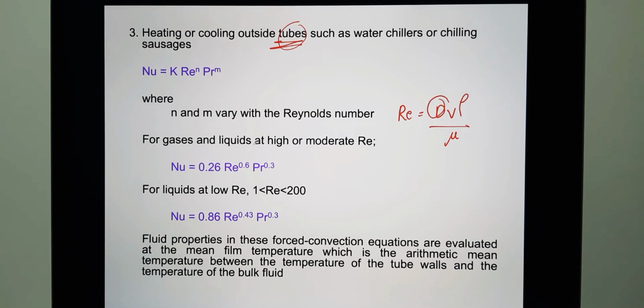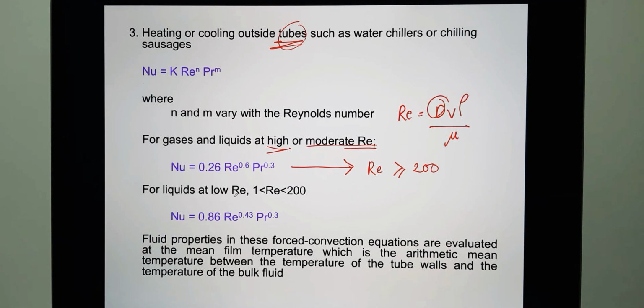For gases and liquids at high or moderate Reynolds, meaning the Reynolds value should be greater than 200. So in order for you to use this particular equation, the Reynolds value should be greater than or equal to 200.